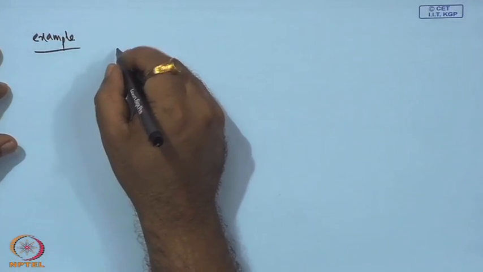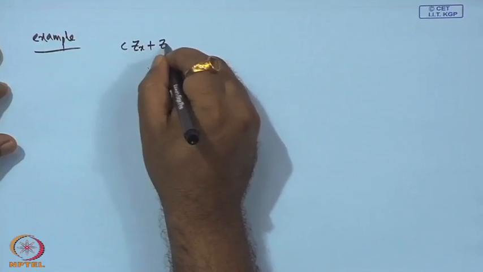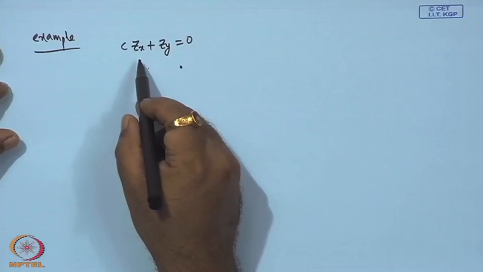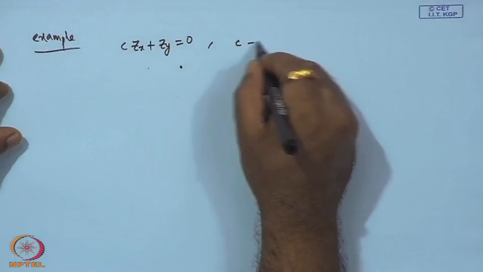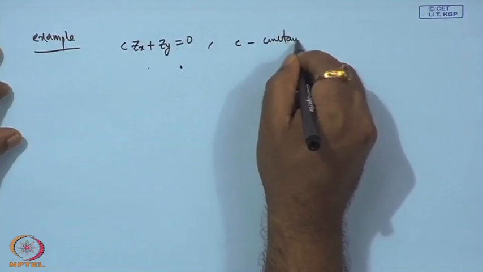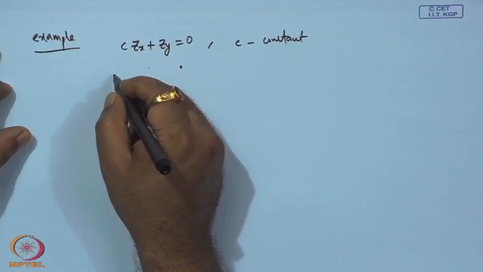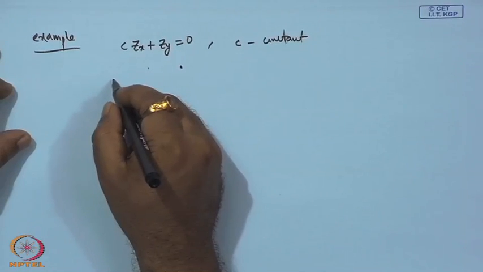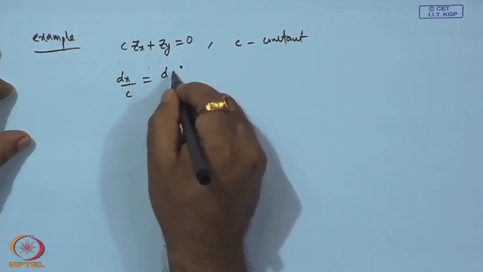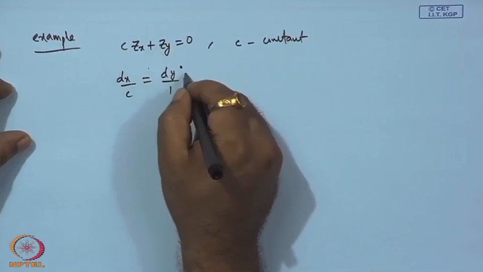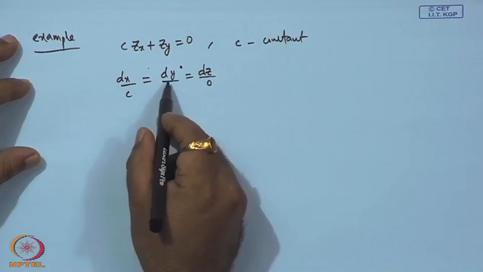Okay. So, let us take simplest examples to start with. So, z is a dependent variable, x and y are independent, c is a constant. So, now the characteristic equation is dx by c equals dy by 1 equals dz by 0. Suppose I solve these two.